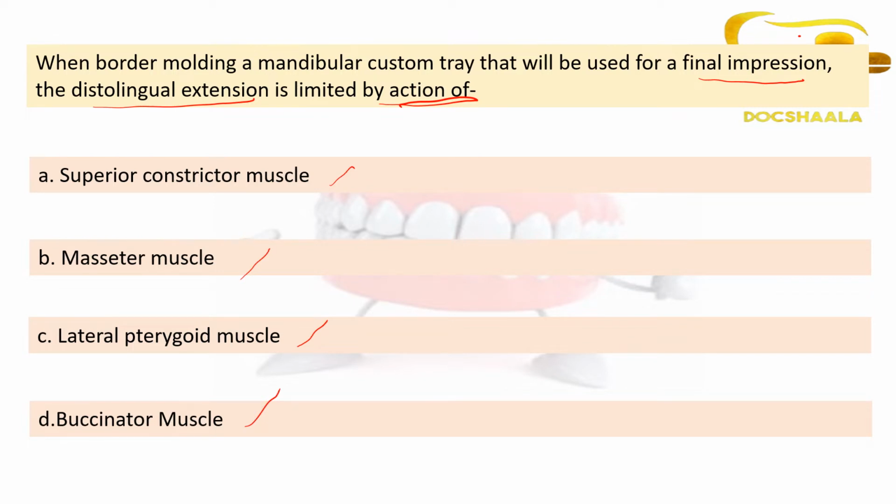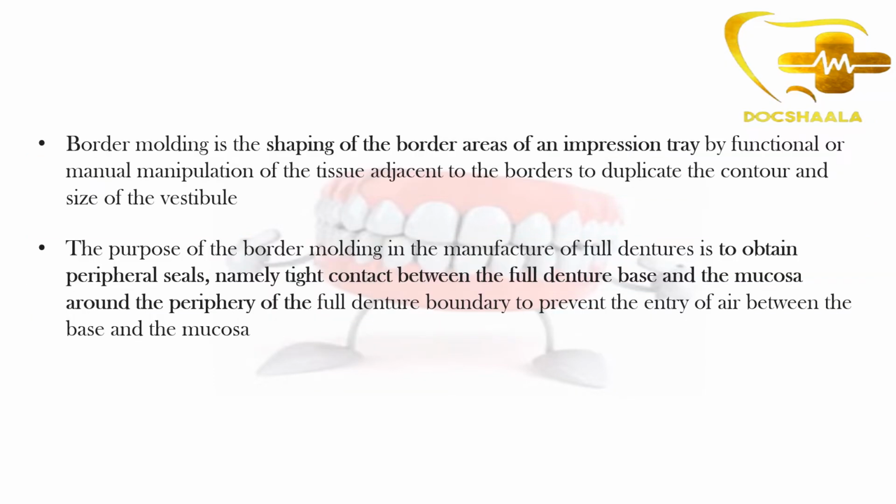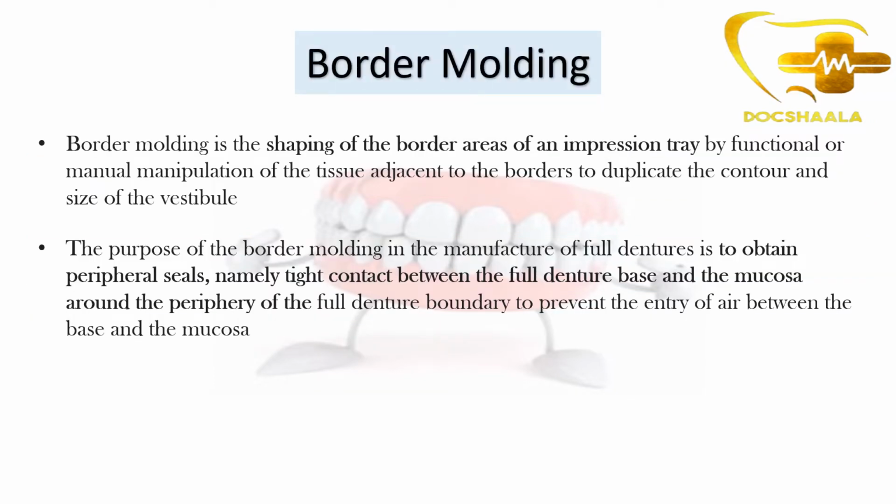So to derive the answer, let us look at what all the structures that limit the extension of the mandibular custom tray. So coming to the border molding, what is border molding? It is nothing but shaping of the border of an impression tray by functional or manual manipulation of the tissue adjacent to the borders to duplicate the contour and the size of the vestibule.